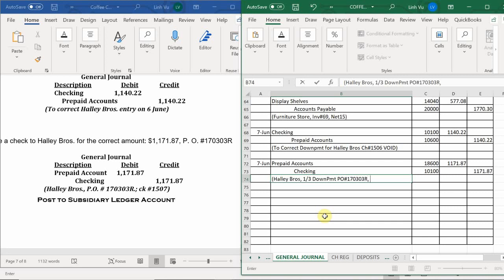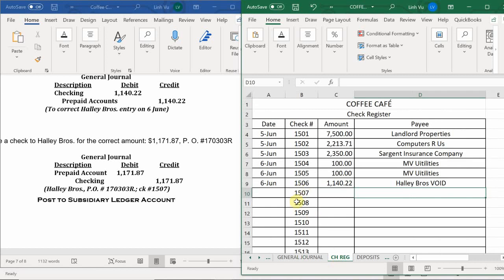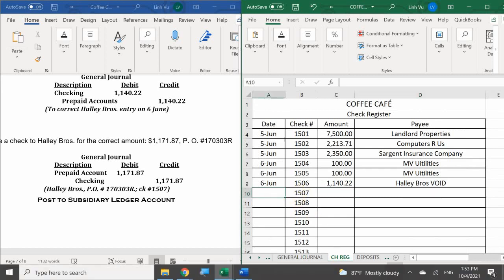And we wrote check number... do we have a check number? Well, we're going to have it. Actually, it's 1507, but we have to go into our check register to get that number, right? So in this case, it is now the 7th.